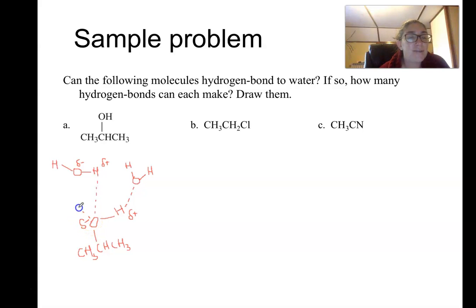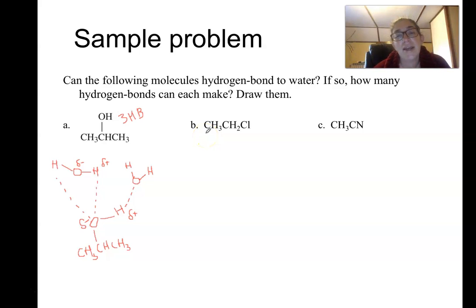It would bond to two separate water molecules, but I'm just going to draw it as if it's attracted to both hydrogens on this water molecule. So the technically correct answer is that this guy can make three hydrogen bonds. But as long as you just showed me that it makes those two, that both the oxygen and the hydrogen on this molecule could bond to water molecules, that would be full credit in my book. How about this one?